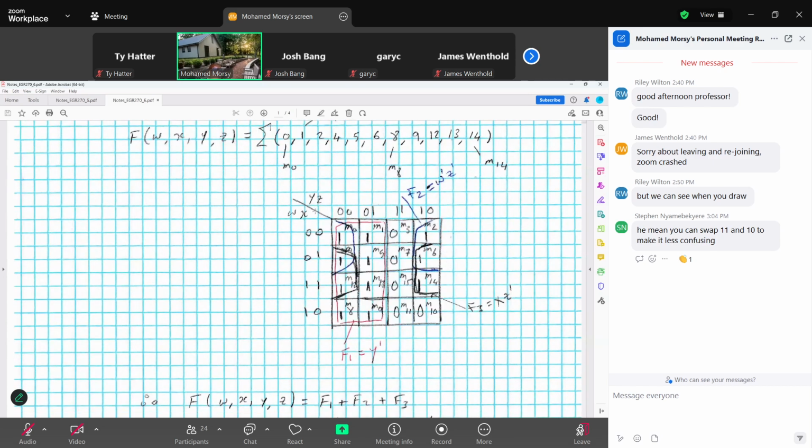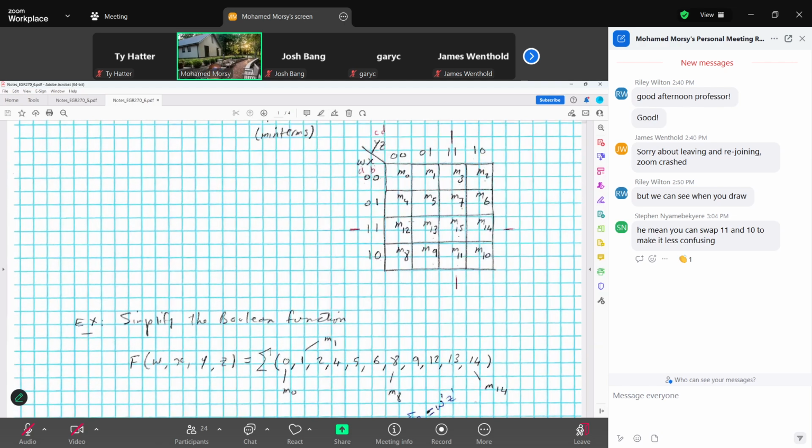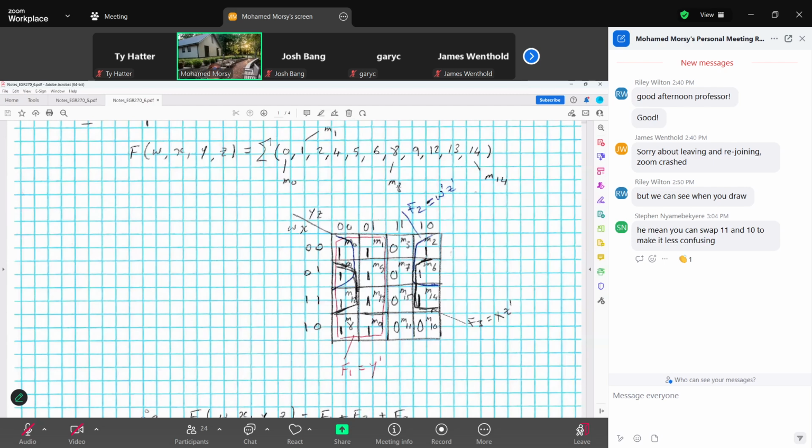So we have the standard Karnaugh map as we listed here, and then we fill out the map with these min terms. These are ones. So M0 is 1, M1 is 1, M2 is 1 here, and so on, based on what we are given here.